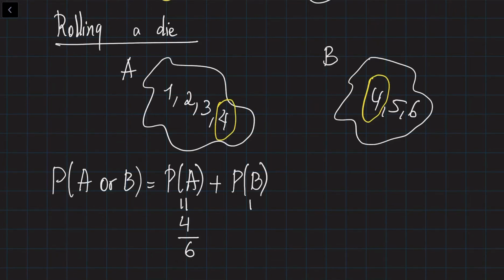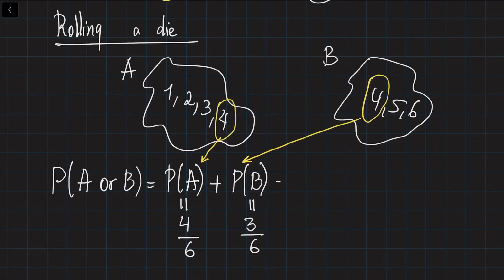And the probability of B is going to be 3 items divided by the size of the sample space, which is 6. But the problem is you are including this 4 twice here, right? You're including this 4 here, and at the same time you're including the same 4 here. So you're including the 4 two times.